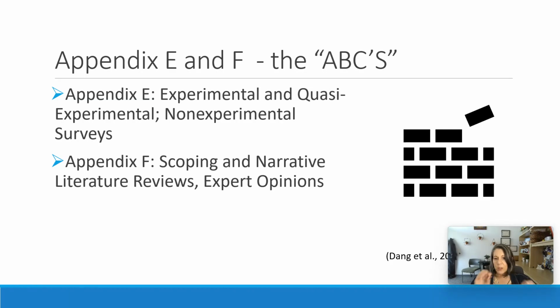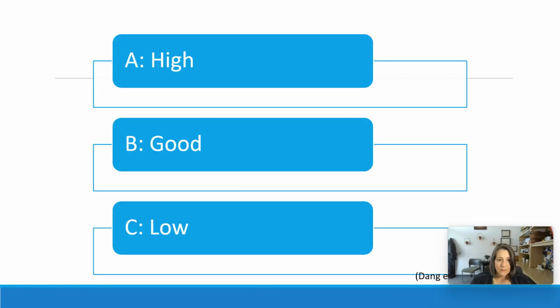But what if it's more in that 4 or 5 range? Then we need to move on to Appendix F, which tells us how to look at the quality of a scoping and narrative literature review and of expert opinions. And these are the high, good, and low, right? So take a look at those appendices, the D, the E, and the F. Those are going to be the ones that we're using most often.